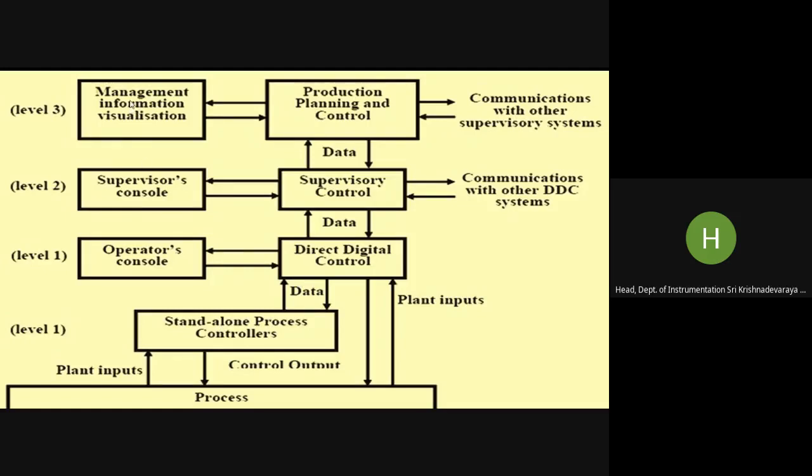But when it comes to the management information system, it is the entire production planning and control: what the process should be, the tonnage of process, how much we are planning for production today, how much it is running, and hourly planning. According to this production planning and control, your management information console will be displayed here. This is again communicating with other supervisory systems.